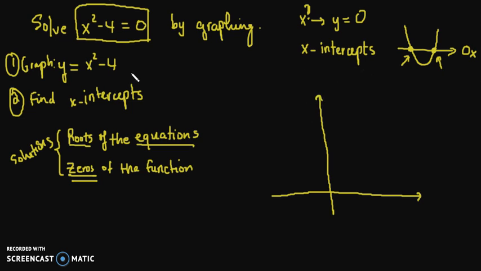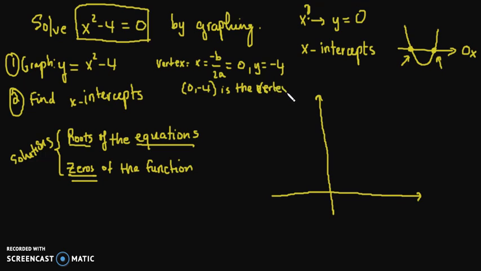The vertex is at x equal to negative b divided by 2a, and there's no b, so b is 0. 0 divided by any number is 0, so x equals 0, y equals negative 4. So 0 and negative 4 is my vertex.